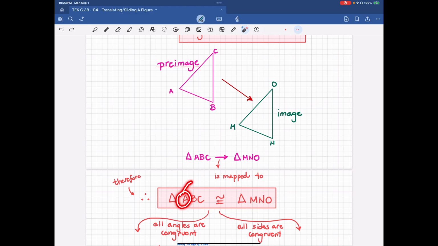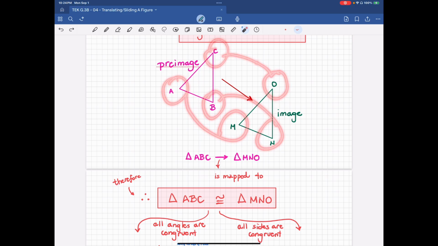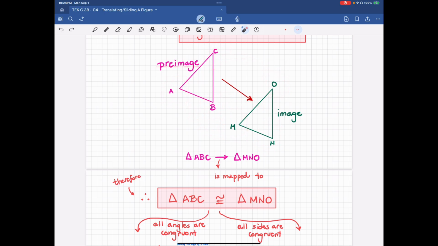Angle A matches with angle M. Angle B matches with angle N. Angle C matches with angle O. So those angles have to be congruent. Again, looking at the figure up here, A goes with M, B goes with N, and C goes with O. So all of those angles measure the exact same.